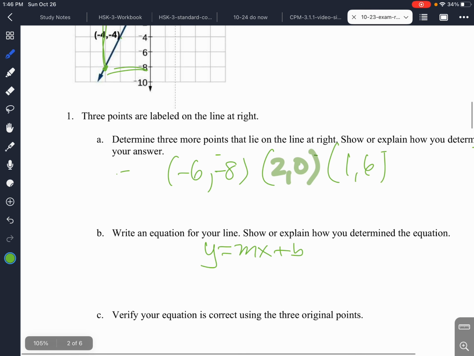Well, 2/3 times 6, if I put this 6 over 1, then 3 divided by 3 is 1, 6 divided by 3 is 2. So that's going to give me 2 times 2 minus 4, which gives me 0. So when x is 6, y is 0. Again, same line. All right, I'm going to stop right there.